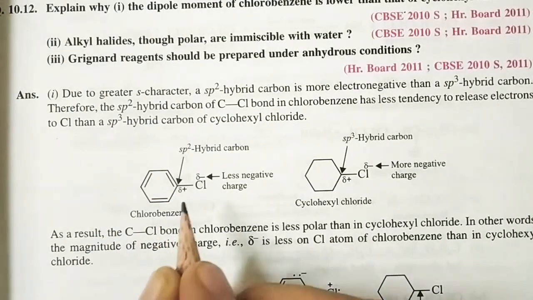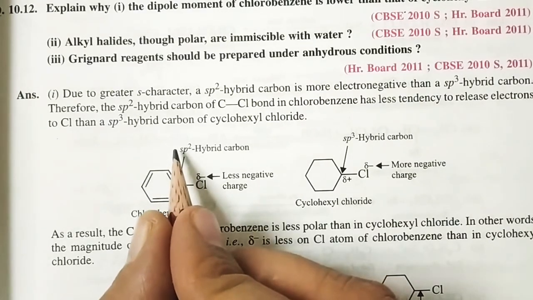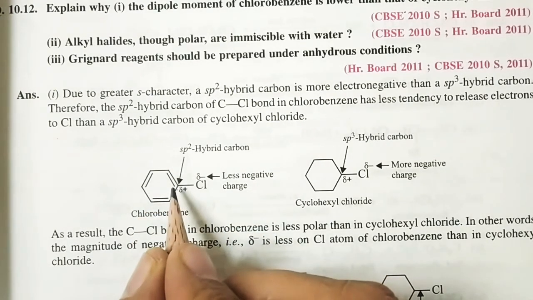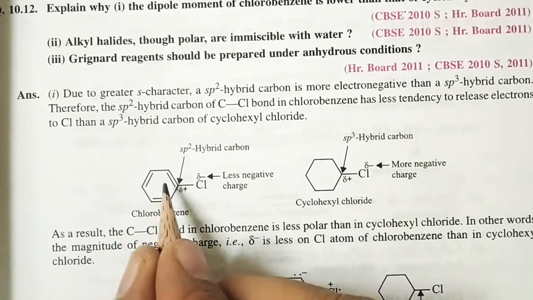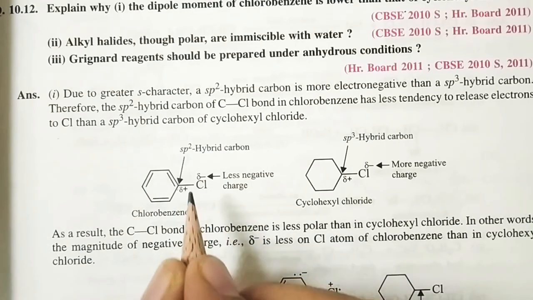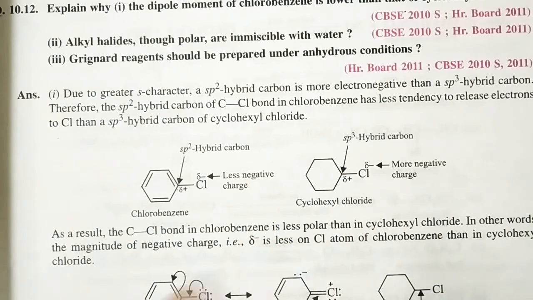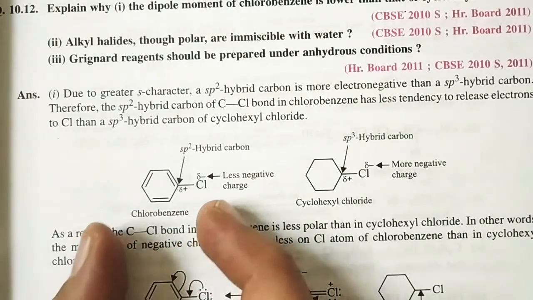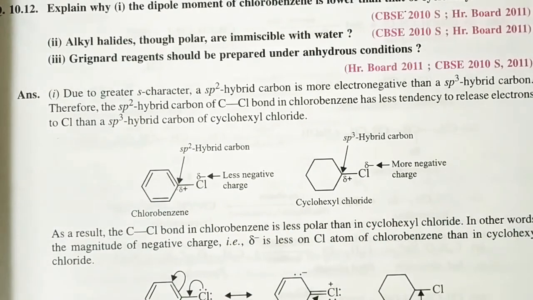Because in this case the chlorine-connected carbon is sp2 hybridized, and we know that an sp2 carbon is more electronegative as compared to sp3. Therefore, the sp2 hybrid carbon of the C-Cl bond in chlorobenzene has less tendency to release electrons towards chlorine. As a result, in chlorobenzene this C-Cl bond length is shorter compared to cyclohexyl chloride.